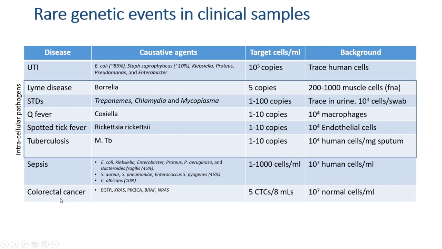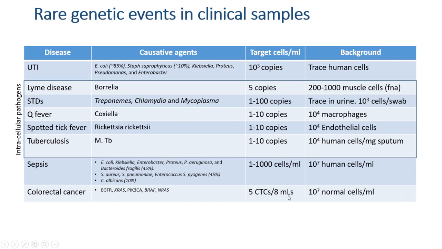As I mentioned, towards the end of the talk, I'll take a look at cases of human diseases, notably colorectal cancer, but really any liquid biopsy sample rarely has more than, say, 5 circulating tumor cells. And if it's blood, your background is going to be 10 to the seventh normal cells.